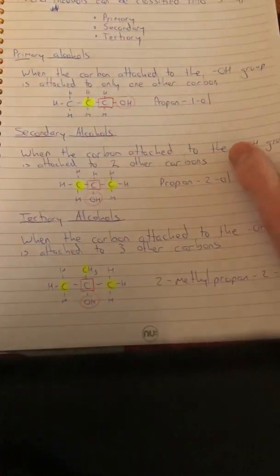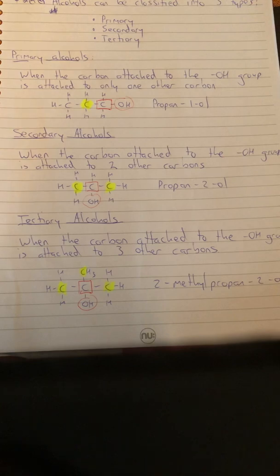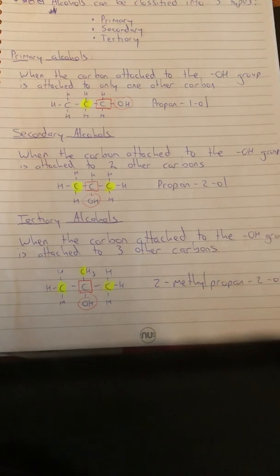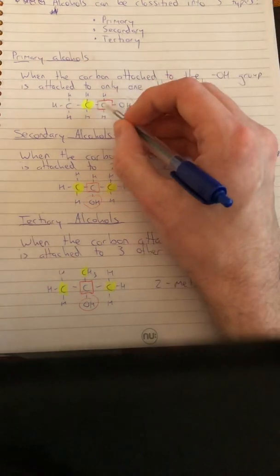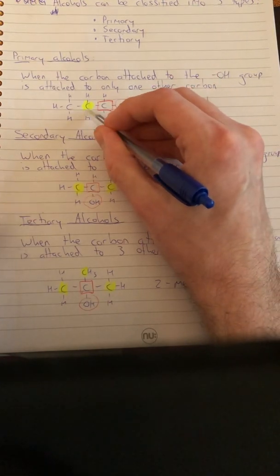So let's recap, because we've done quite a lot today. We've learned about the 3 types of alcohol: primary, secondary and tertiary. Primary alcohols are when the carbon attached to the hydroxyl group is attached to 1 carbon.